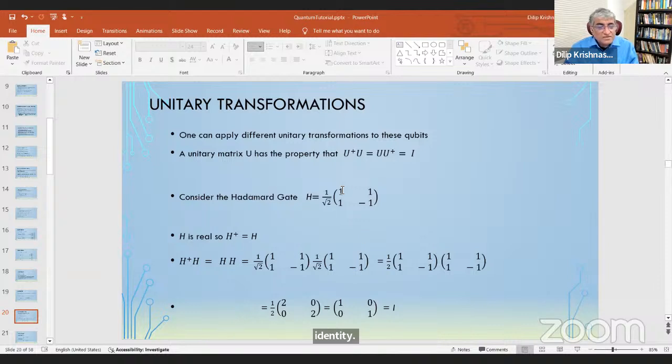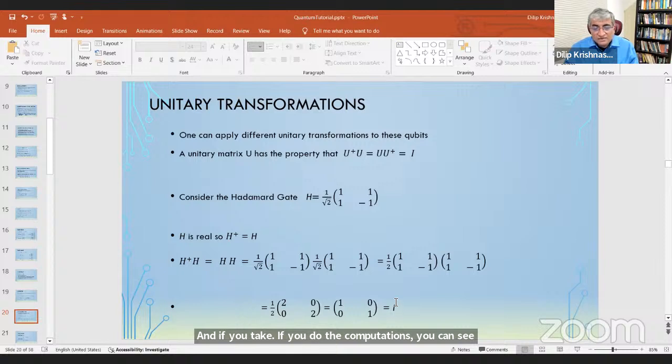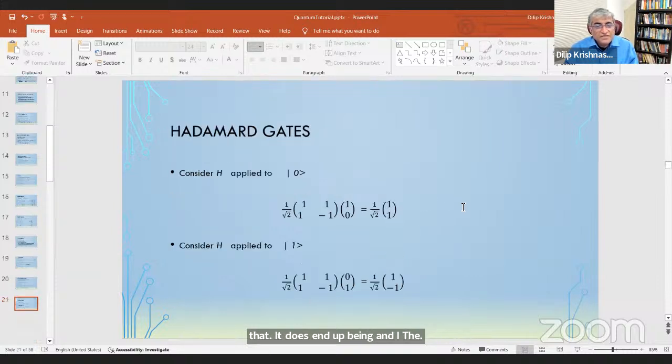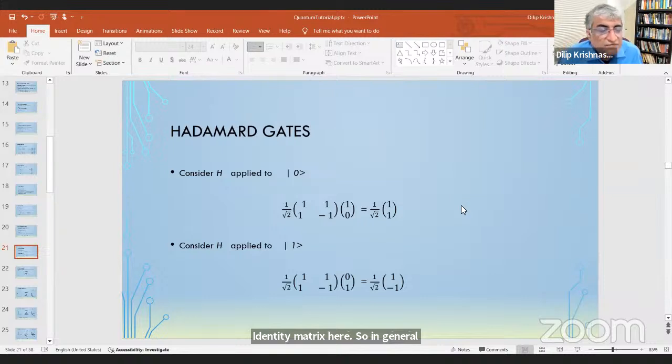The H here is called a Hadamard gate. For example, this is an example of a unitary matrix. And if you do the computations, you can see that it does end up being the identity matrix here.